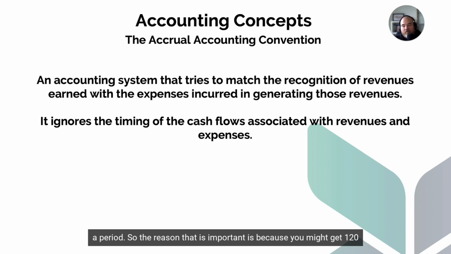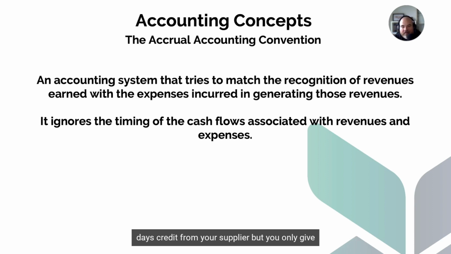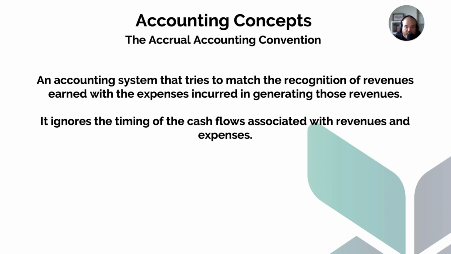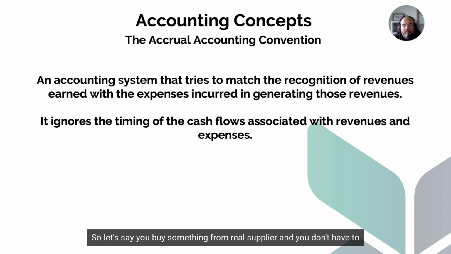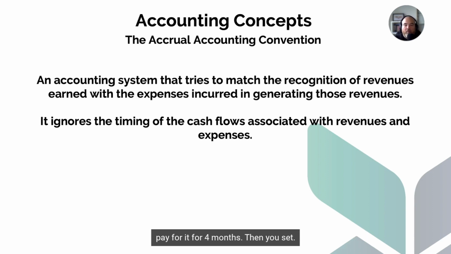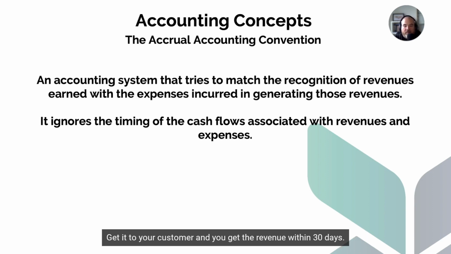The reason that's important is because you might get 120 days credit from your supplier, but you only give your customer 30 days credit. So let's say you buy something from your supplier and you don't have to pay for it for 4 months. Then you sell it to your customer and you get the revenue within 30 days. So there's no correlation whatsoever in terms of timing between the money coming in and the money going out.